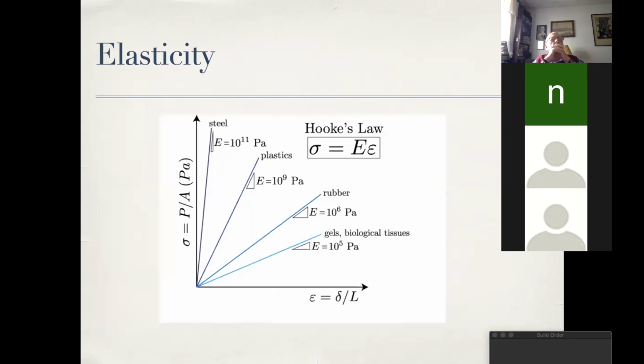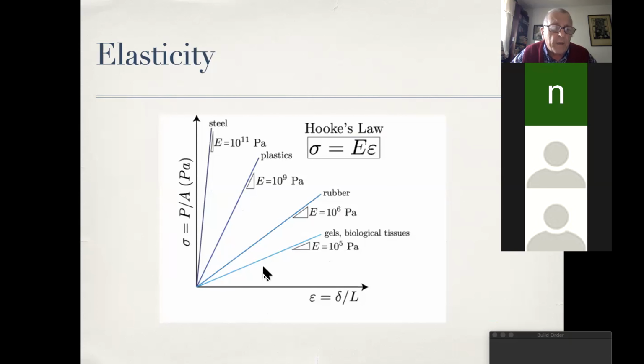And if I plot that relation on a plane where the x-axis is just the strain and the y-axis is stress, then I have a set of straight lines. And I have plotted here the Hooke law for various substances.